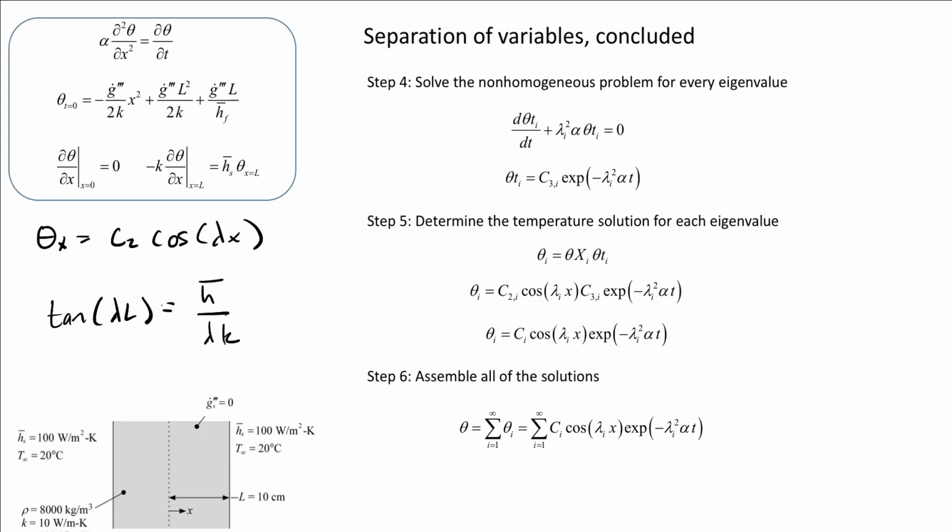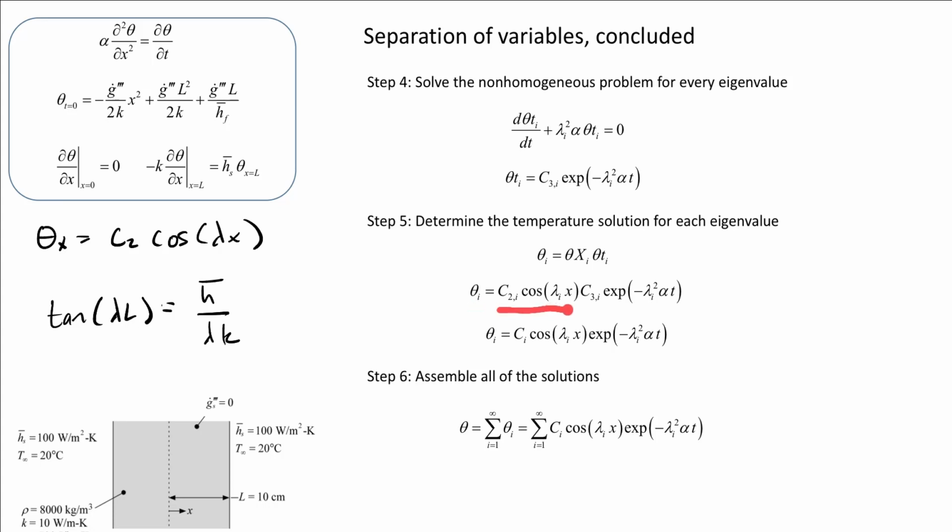And then step 5 is we're going to determine the temperature solution for each eigenvalue. And that involves bringing the x direction solution and the t direction solution back together. So for a given eigenvalue i, we bring together the solution as the product. That was our original separation of variables assumption. Okay. So now we have our ith solution, theta i, is the product of those two things.